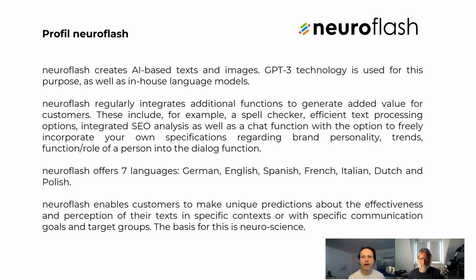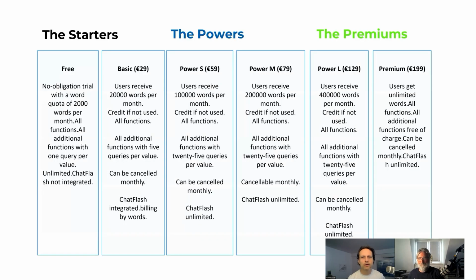And they wanted to relaunch their pricing. So together, we took a look at their existing price table. So this is the existing price table. They have a free offer, they have a basic offer, they have a power offer, which is basically more words.